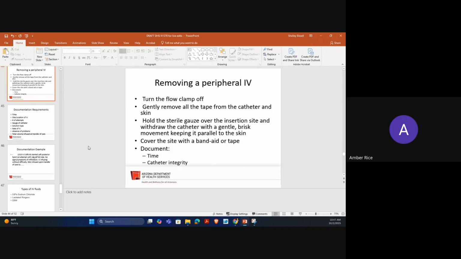But as it's inserted though, this is removing it. Do we need to document all this when they remove it? I would say yes for the timing and being a complication. You don't have to, but I think it would be good information to include.